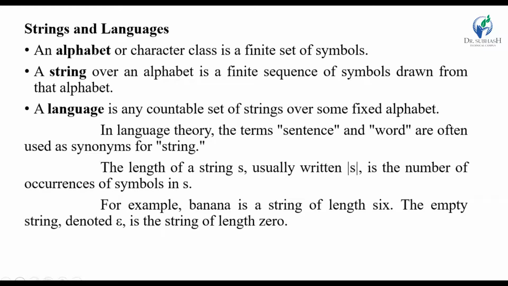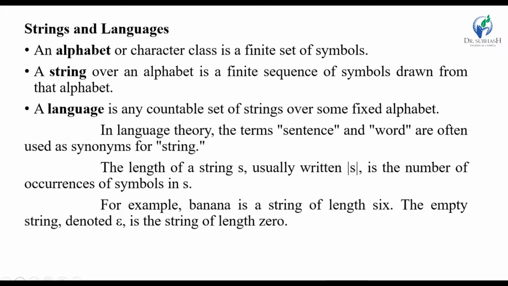What is an alphabet? An alphabet or character class is a finite set of symbols. All of you know very well, capital A to Z and small a to z is a class of characters or alphabets. Then a string over an alphabet is a finite sequence of symbols drawn from the alphabet.